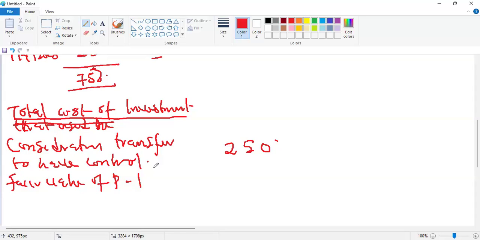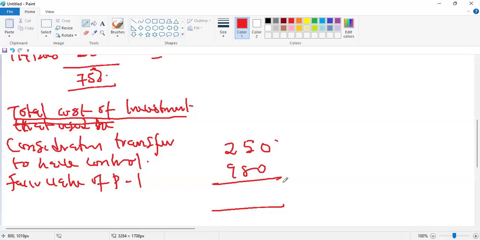The fair value of the original investment in Omaye Limited as at 1st April 2018 was 980 million. This is my total cost of investment for the goodwill calculation. No doubt. 250 plus 980.